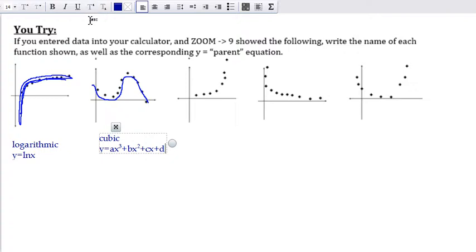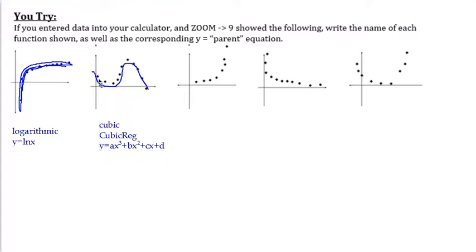That's the model that comes out of cubic regression, cubic reg. So that's the one that if you see that on a Zoom 9, you should pick this model.